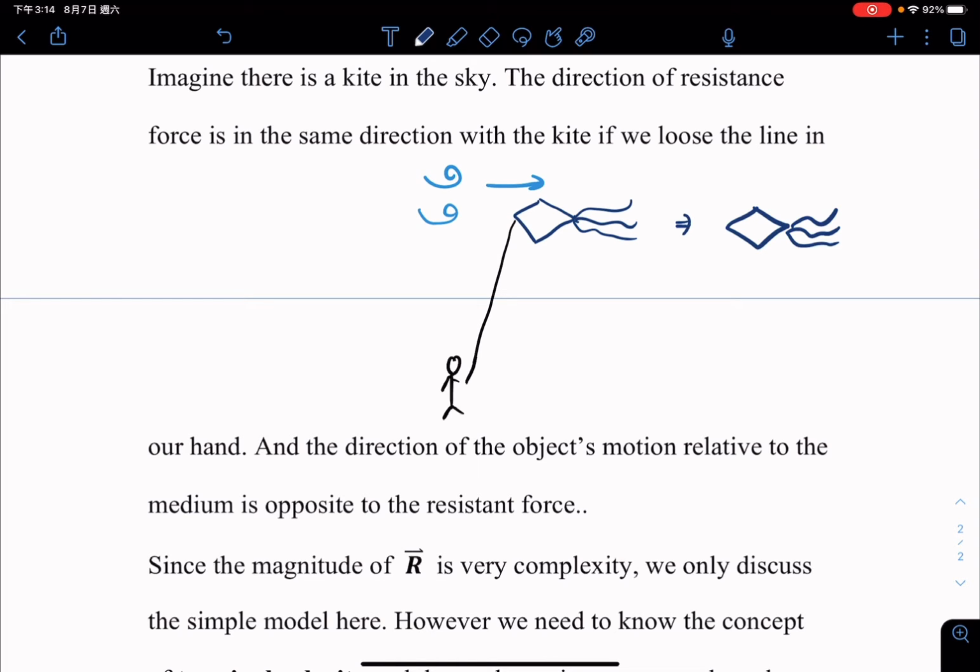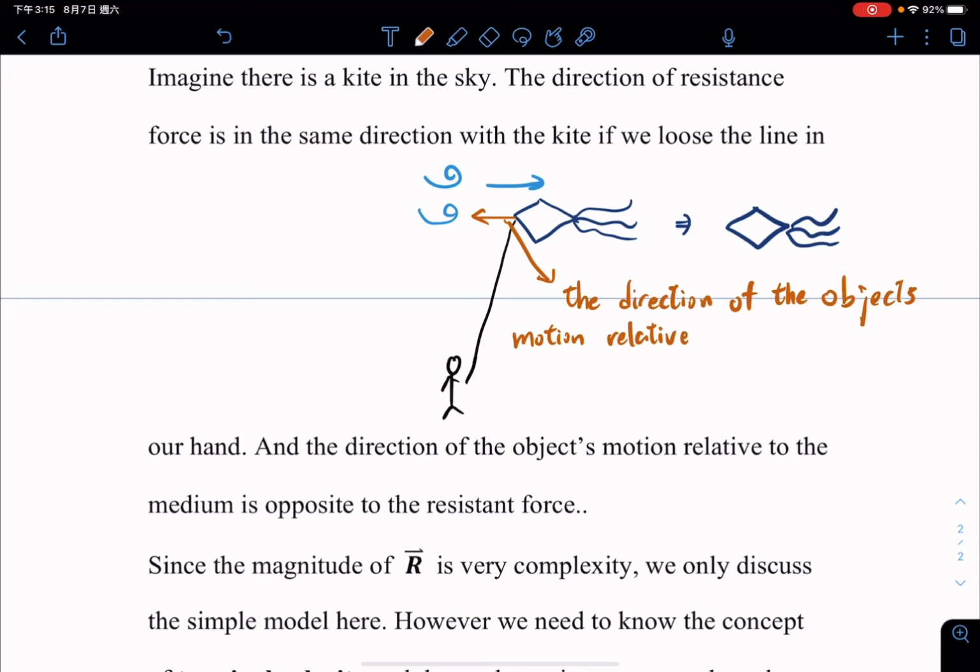The direction of the object's motion relative to the medium, which is air, is this.